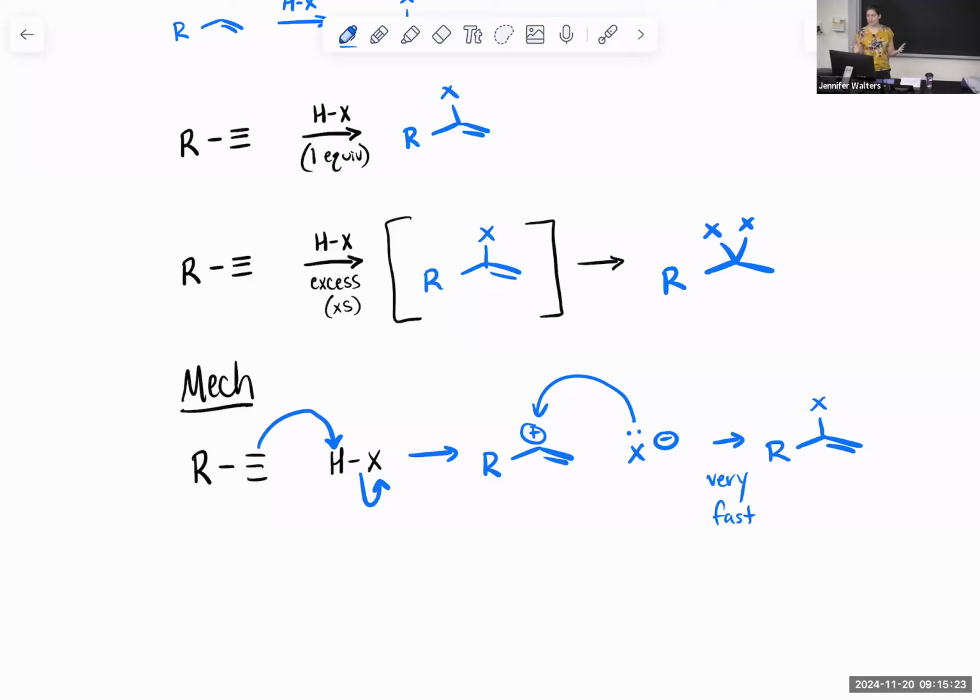So it's the exact same mechanism as the alkene addition carbocations. It's just that you have an extra pi bond. Cool. All right.